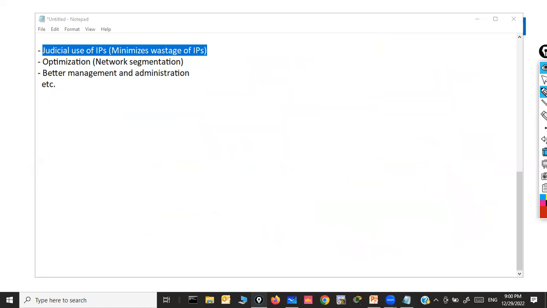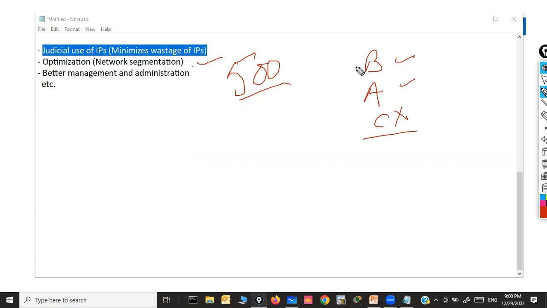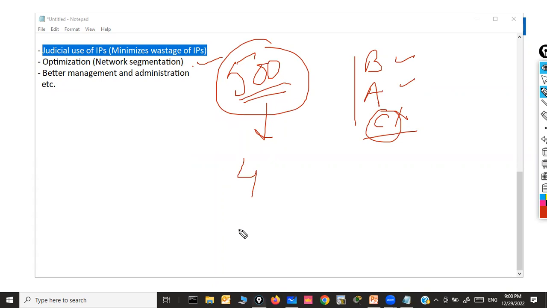So what is the best practice? Network segmentation, keeping network size or subnet size very small. Even if you have 500 computers, we have class B and A addresses to use. Of course, we cannot use class C, but we never do that. Even for these 500 computers, we will logically divide them into 4 subnets or 8 subnets for better management, administration, optimization, and security reasons.